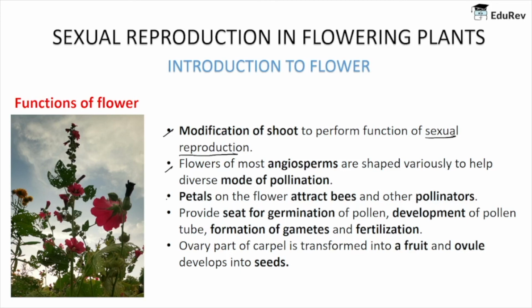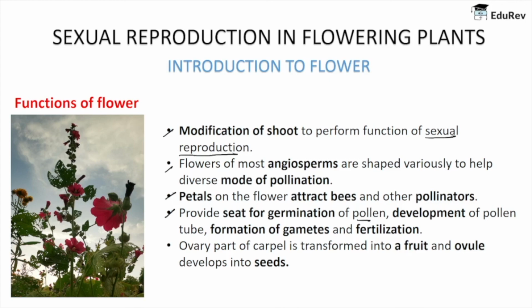Next are the petals of the flowers. Because petals are very colorful in different plants, the function of petals is to attract bees and other pollinators. Now, they also provide a site for germination of pollen into the pollen tube, as we have seen.